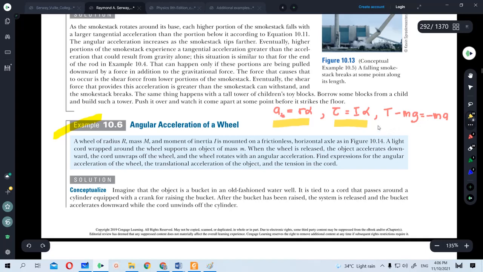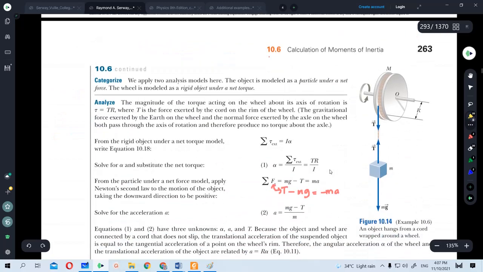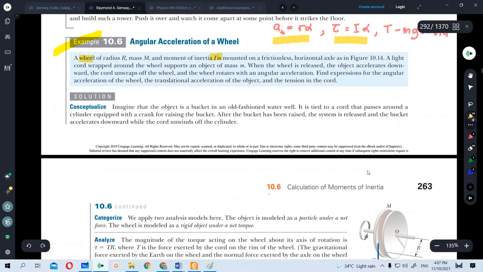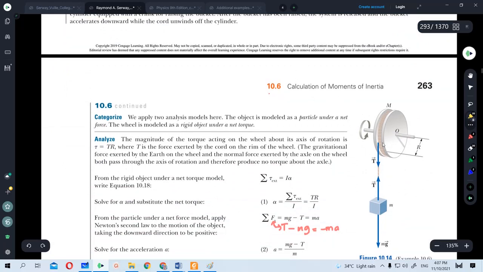So the situation is as in the figure, like this one. They explain that we have a wheel, and the wheel has moment of inertia I. At the circumference, there is a string attached to it, and hence you're supposed to observe and understand that this object, pulling the object attached to the string, applies a force to the circumference, producing the torque, due to the tension here.